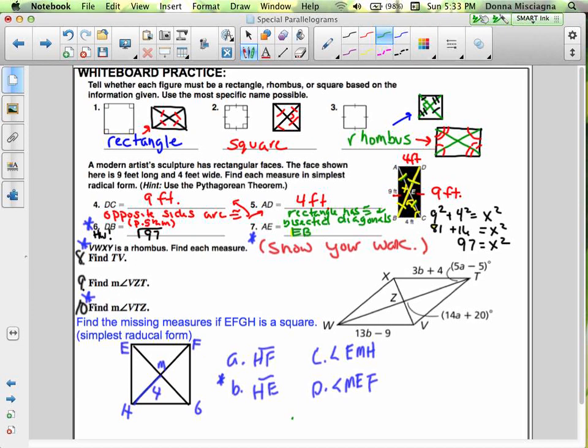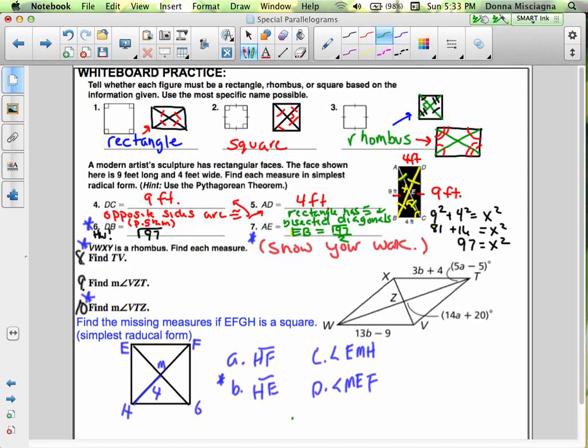And EB is just half of the square root of 97. We can put 1/2 in front of the square root of 97, or we don't really need that 1 in front, because 1 times anything is still that same thing. We can just put the 2 underneath the square root of 97. And there we go.